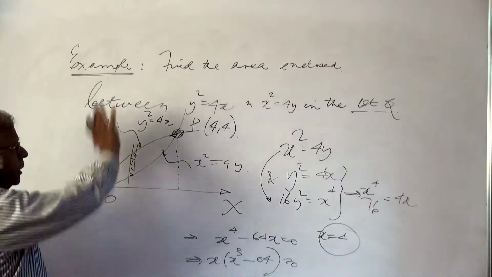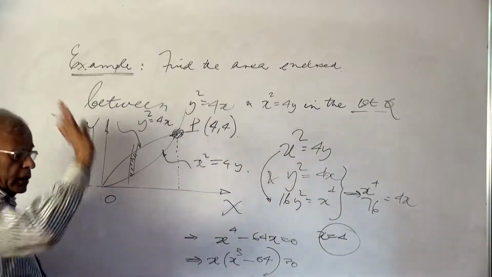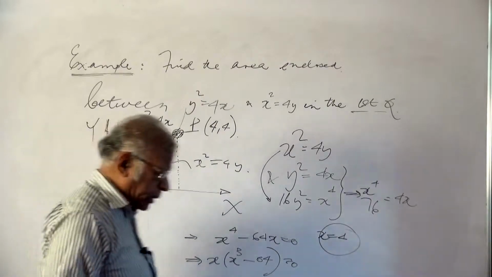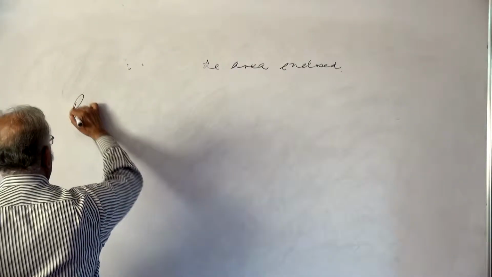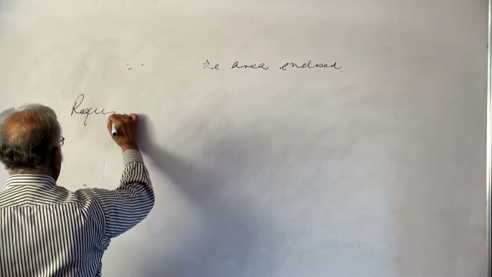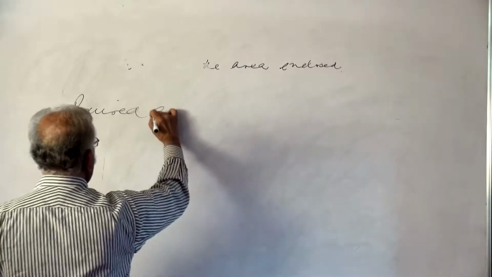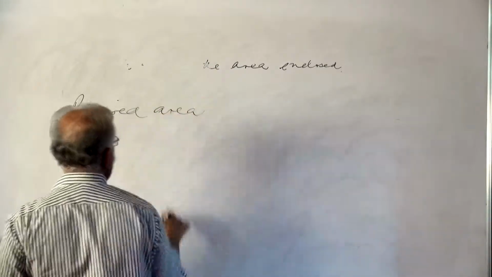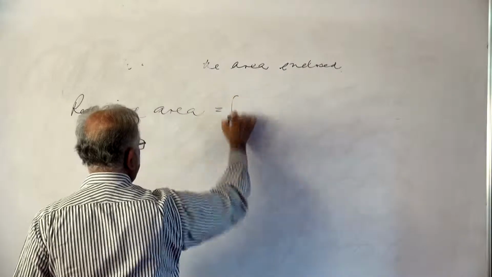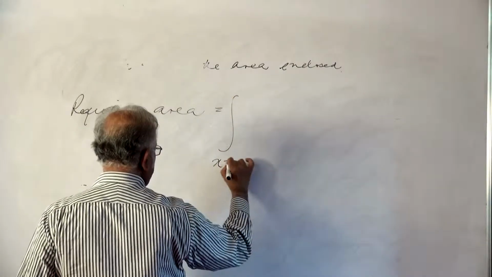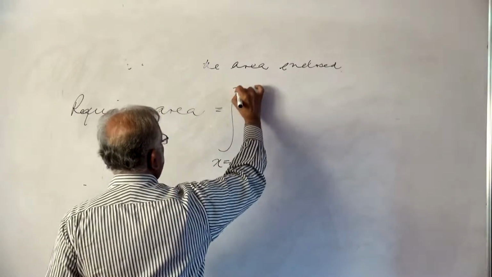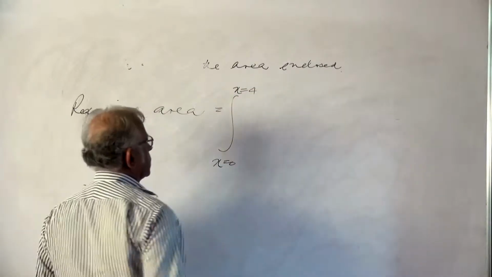So we will do a bit of rubbing out and then try to find the integral value. Required area is x equal to 0, x equal to 4.